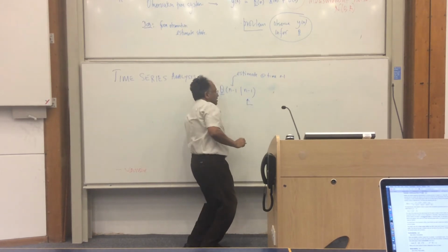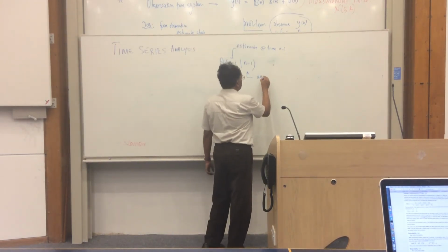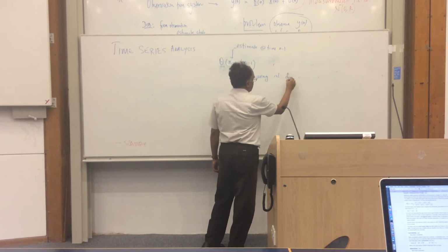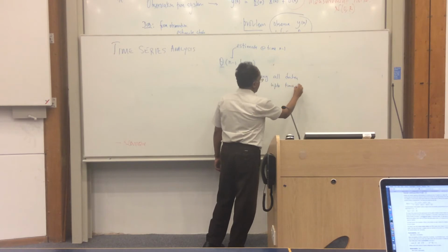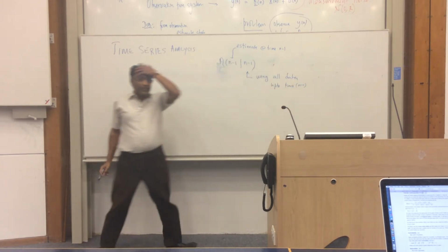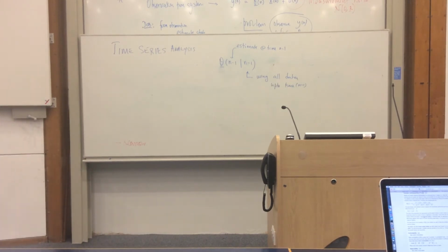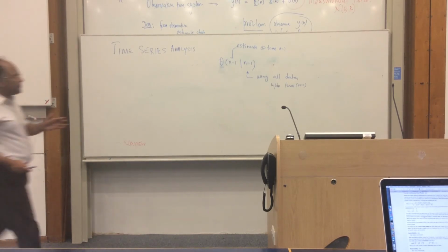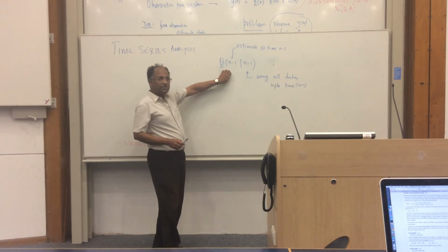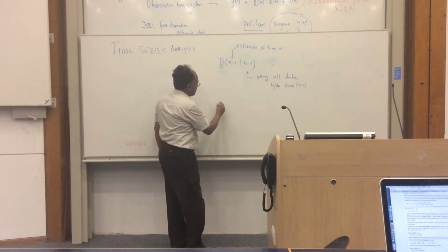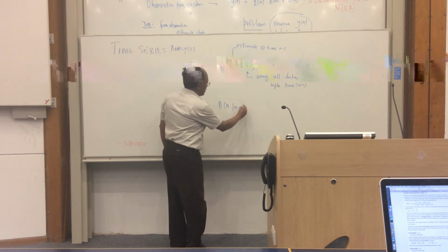This n minus 1 says using all data up to time n minus 1. Okay, so that's just setting the notation. So at time n minus 1, I have an estimate of what the underlying state is going to be, and I have used all the data up to time n minus 1. Okay? So if that notation is understood, if I go and write theta n given n minus 1, what would that be?